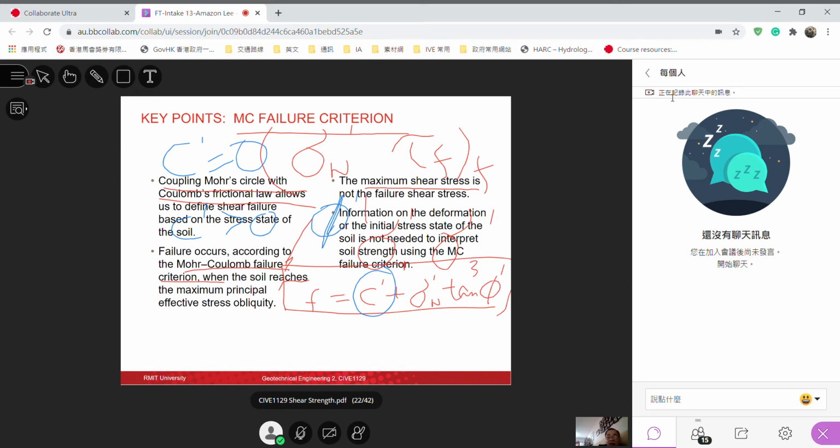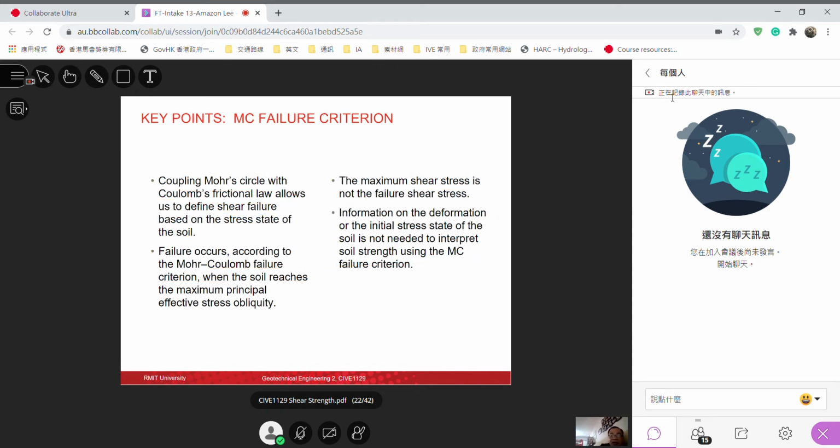Now, just to talk a little bit more, okay? For granular soil, the angle of friction is typically between 30 degrees and a maximum of maybe 40 degrees, while the cohesion intercept is equal to 0.